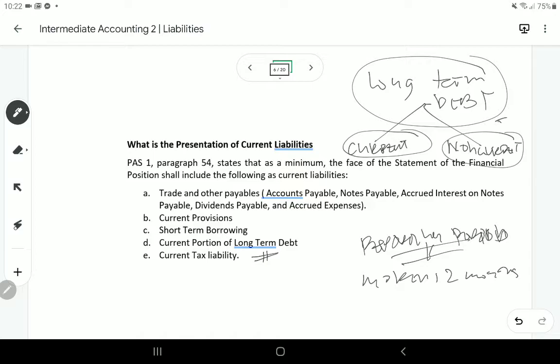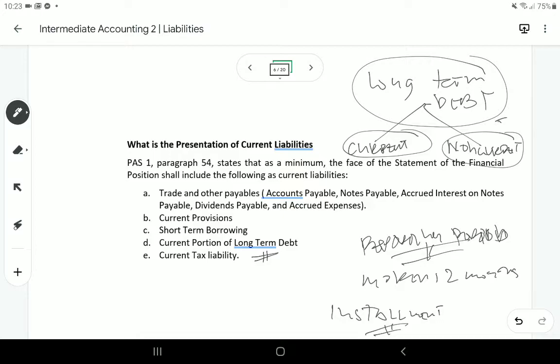This is true especially if your long-term debt is to be paid in installments. Meaning, there is a required regular payment every year.